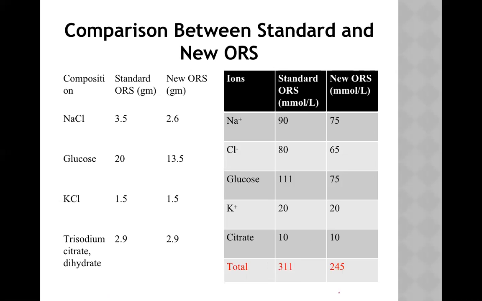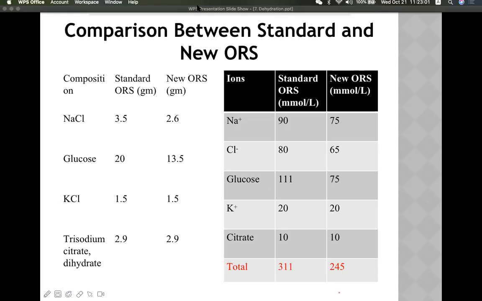Now one question must be arising in your mind: why? The World Health Organization has revised this ORS. Who can answer this for me? Why have they done it? Any idea? Now listen to the answer.